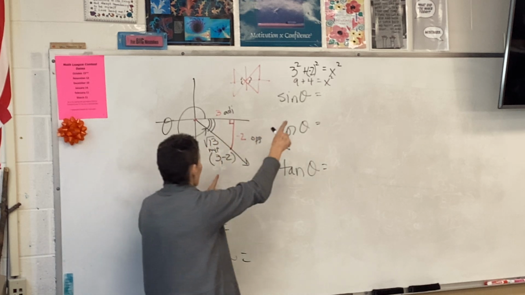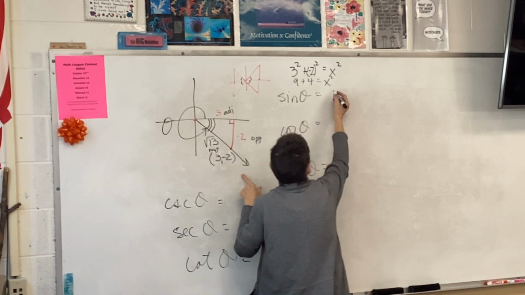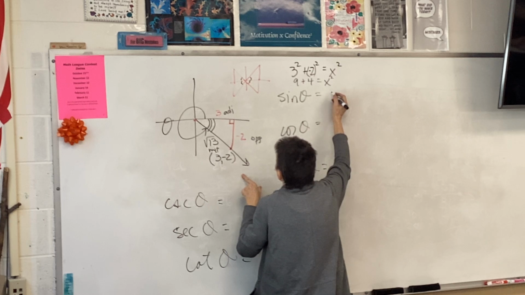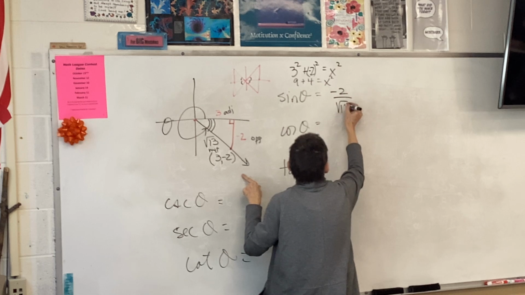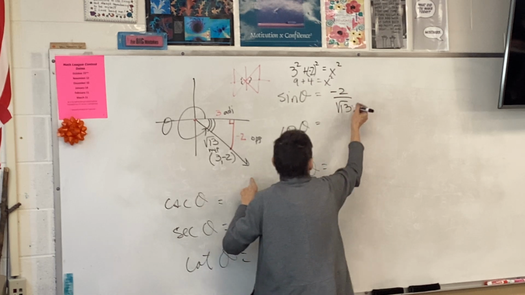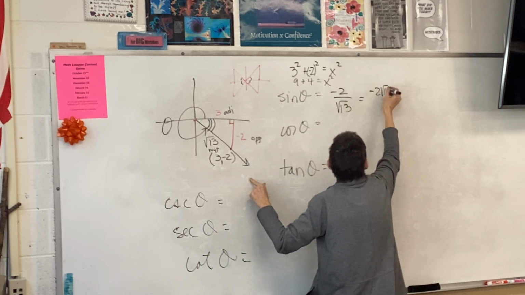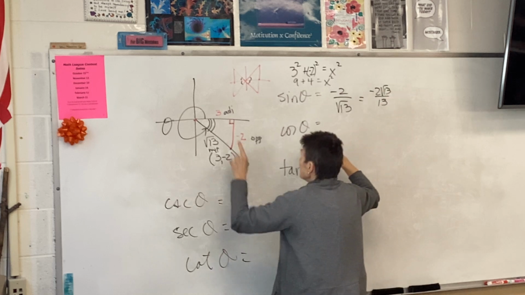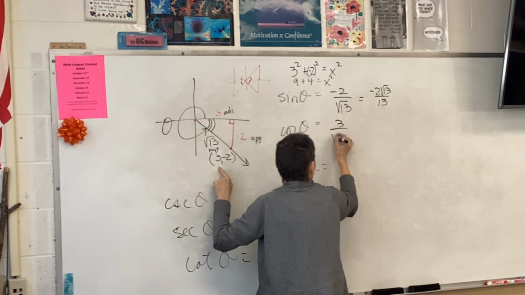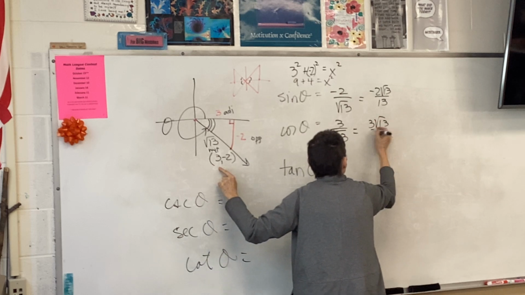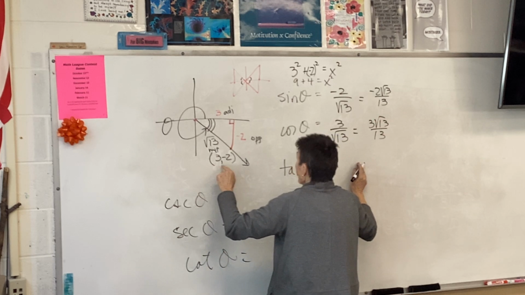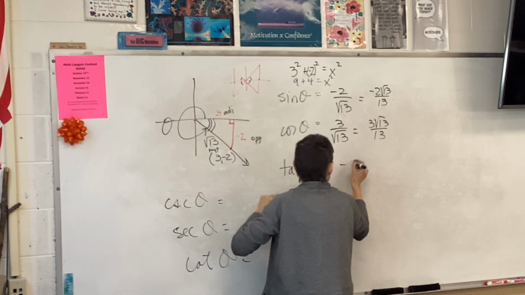All right, so what's my sine? My sine is 3 over root 13? No, negative 2. Negative 2 over root 13. Which is negative 2 root 13 over 13. And my cosine is positive 3 over root 13. And my tangent is negative 2/3.